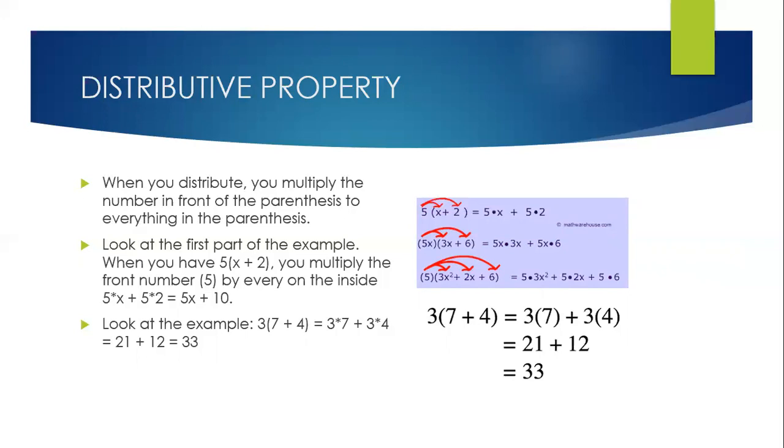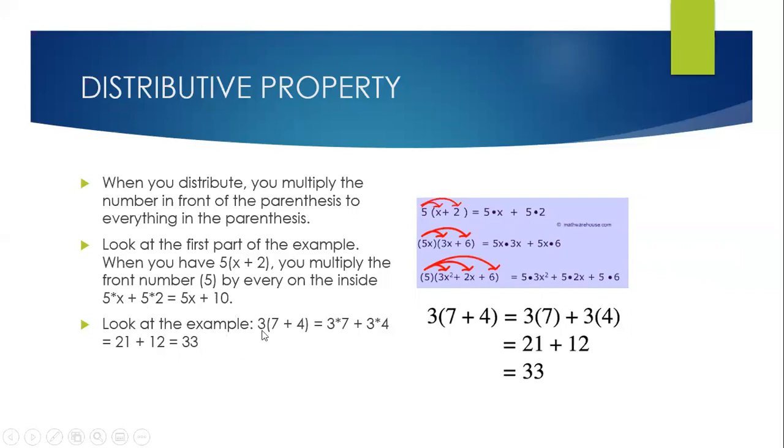When you have 5 parentheses x plus 2, you've got to deal with the parentheses. You multiply the front number, in this case 5, by everything on the inside. What's on the inside? X and 2. So you get 5 times x plus 5 times 2, which is 5x plus 10.